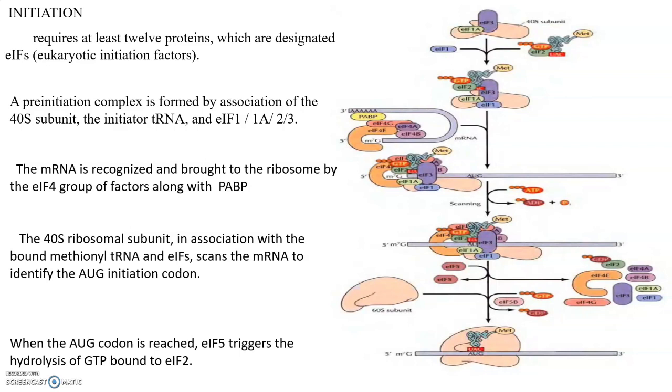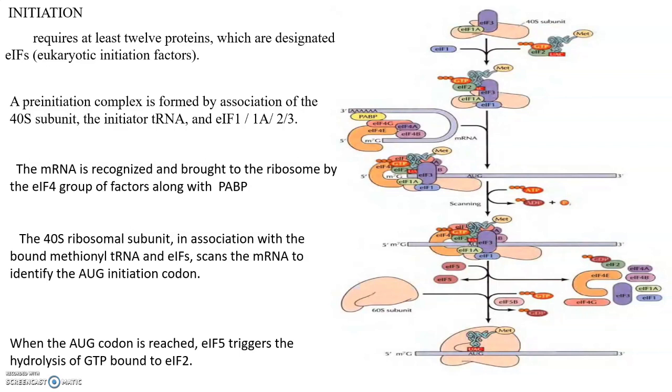The pre-initiation complex is formed by the 40S subunit bound to the initiator tRNA molecule and eIF1. mRNA is brought to the ribosome by the eIF4 group of factors. The 5 prime cap of mRNA is recognized by eIF4E, which forms a complex with 4A and 4G, and this 4G also forms a complex with the poly A binding protein of the mRNA.